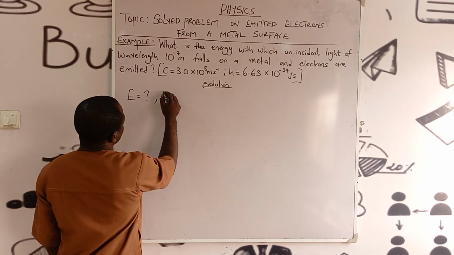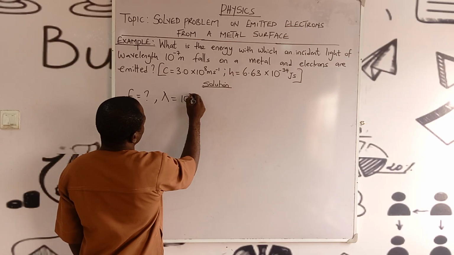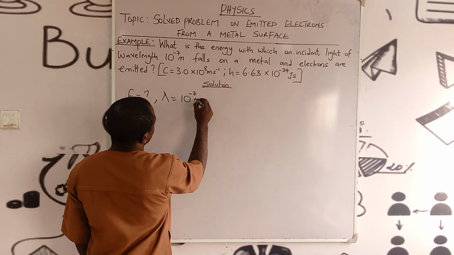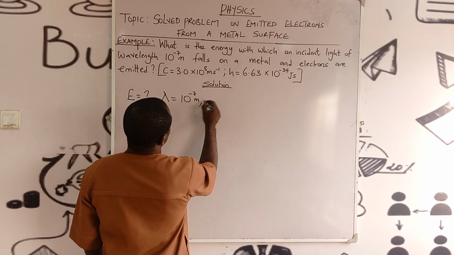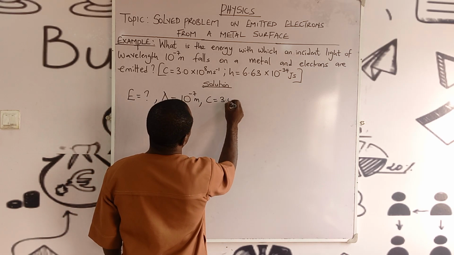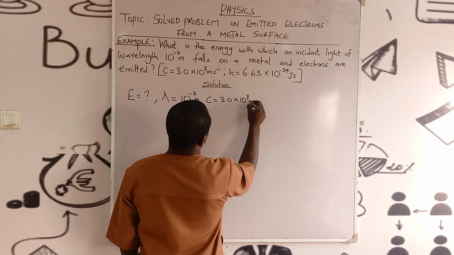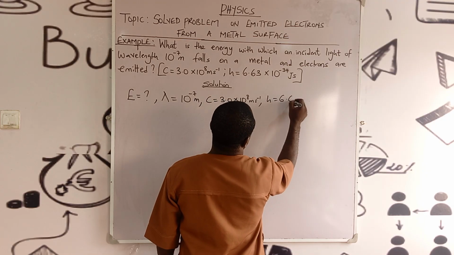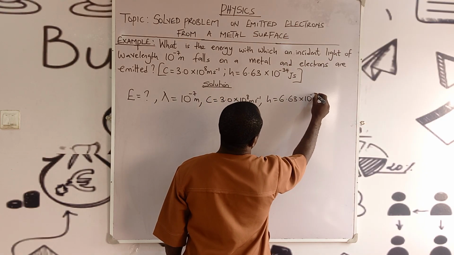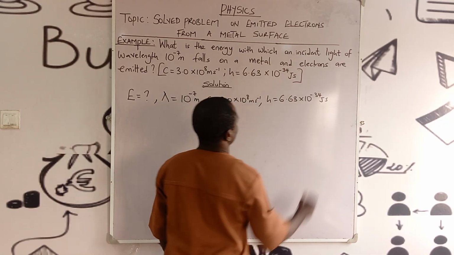We are given the wavelength 10 raised to power minus 7 meters, the speed to be 3.0 times 10 raised to power 8 meters per second, and also the Planck constant to be 6.63 times 10 raised to power minus 34 joule seconds.